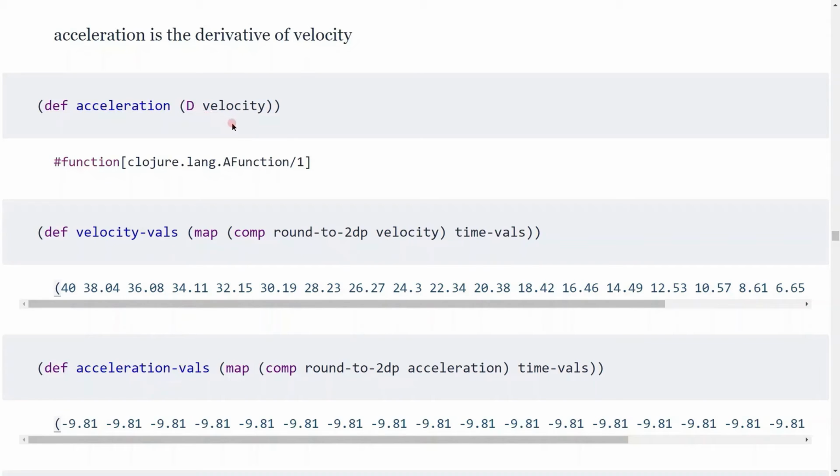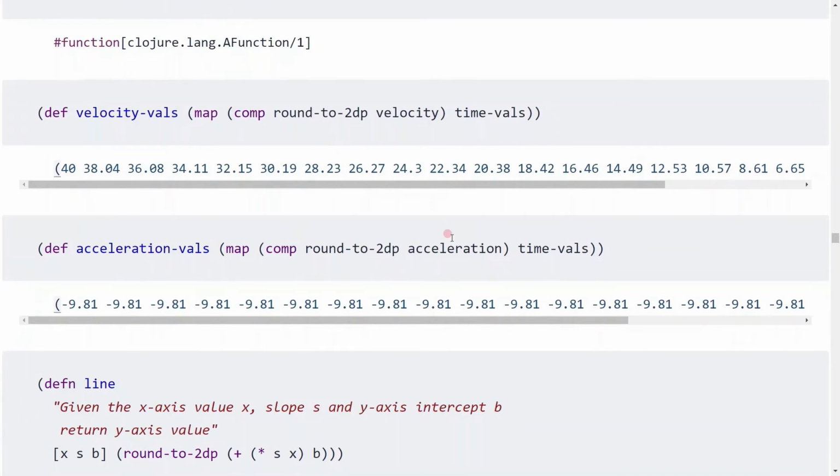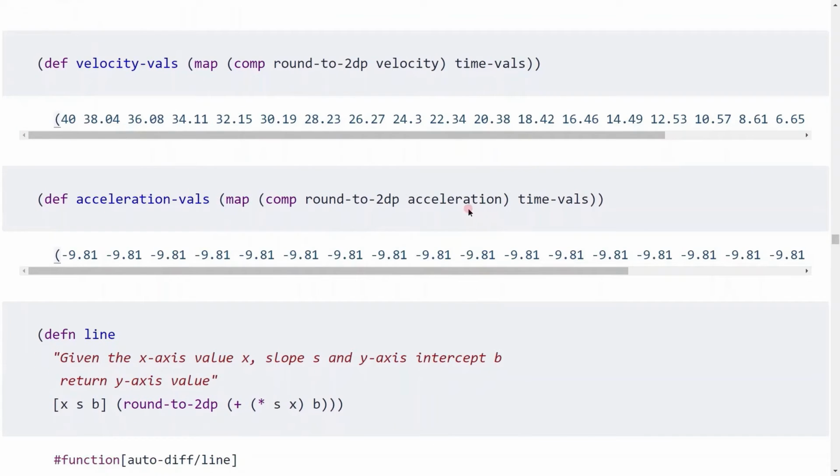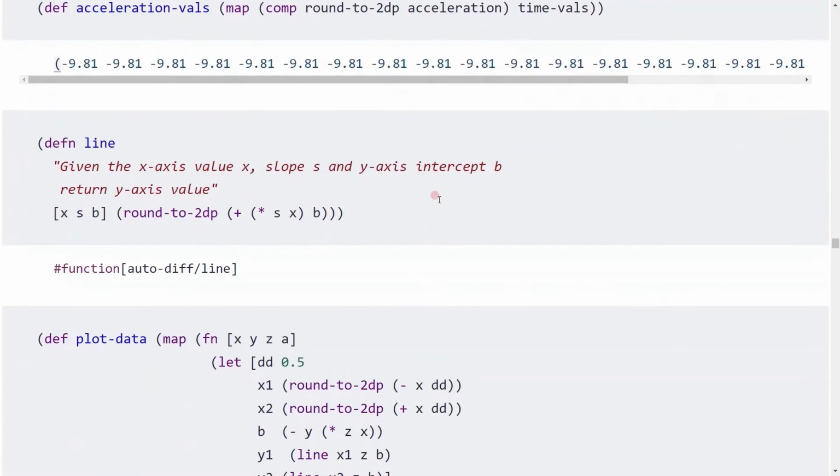Now that we have acceleration and velocity, let's expand our chart. So we'll generate velocity values from time values by mapping velocity against the time values, and we'll do the same for acceleration to get acceleration values.